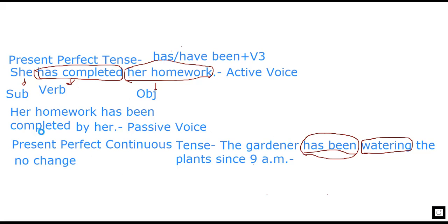What is past indefinite tense? Now past indefinite tense, example I can give.